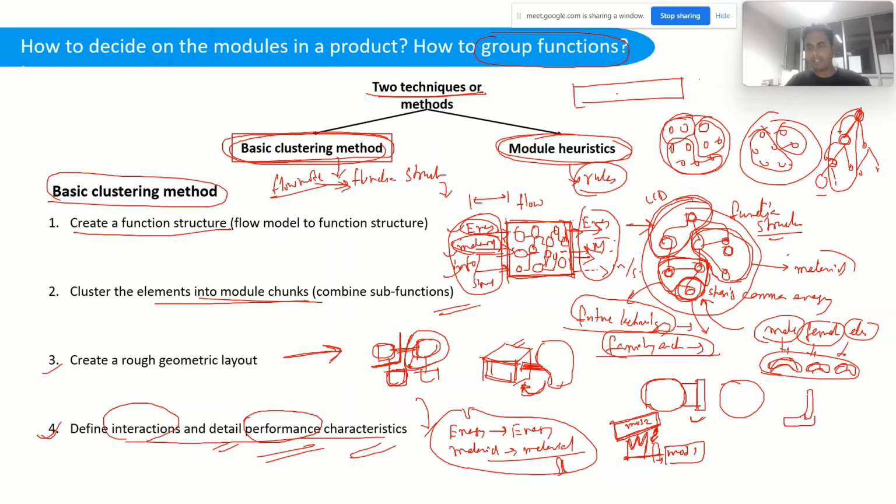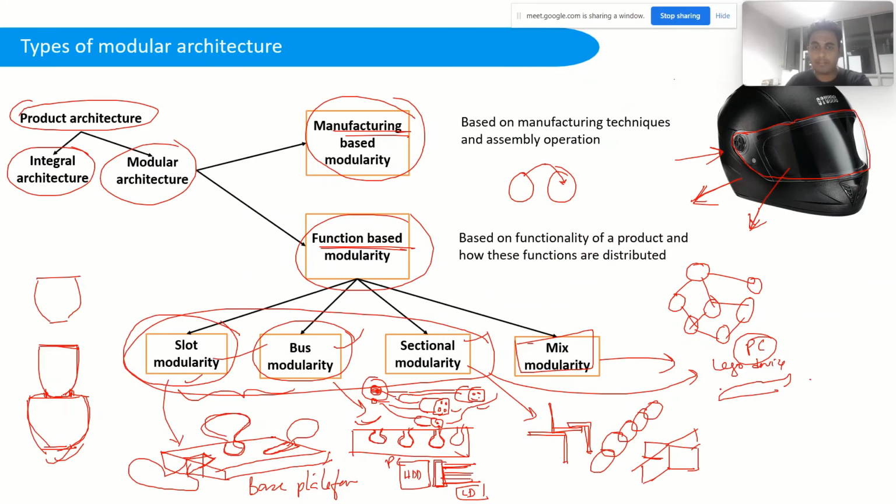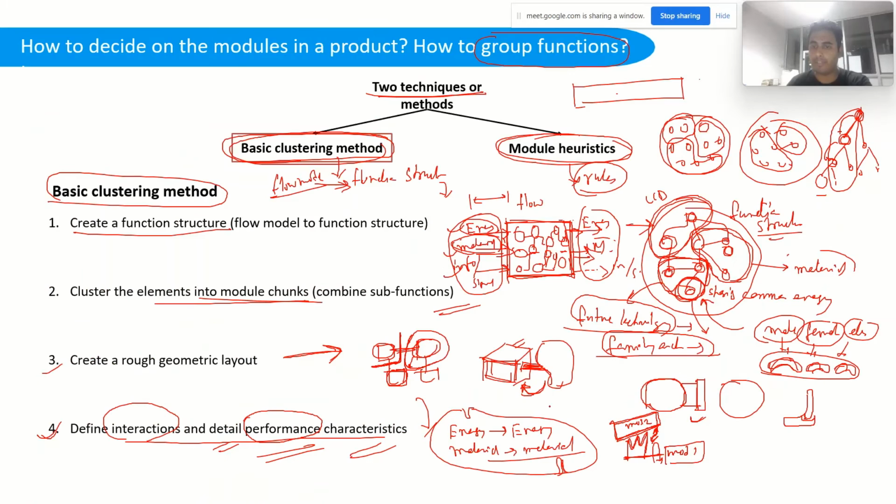A lot of plastic furniture nowadays comes with slot modularity architecture. They have plastic tubes and joining joints, and you connect another rod, and at the end you end up creating some sort of wardrobe with doors. Those are again a slot modular architecture.